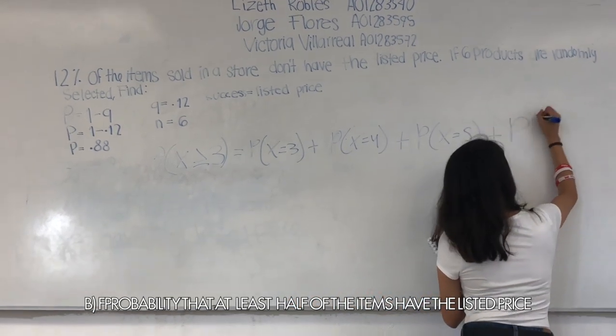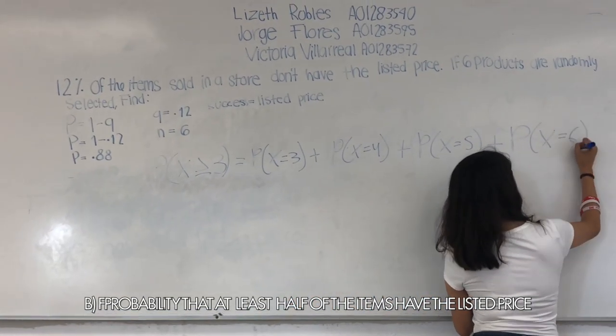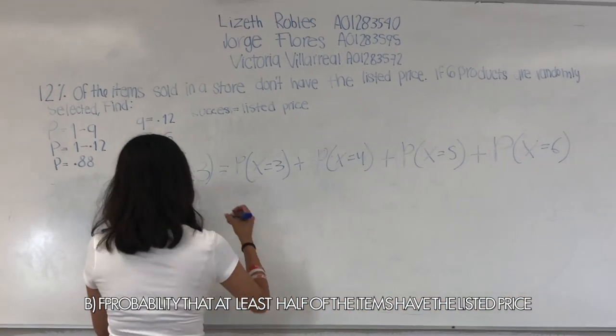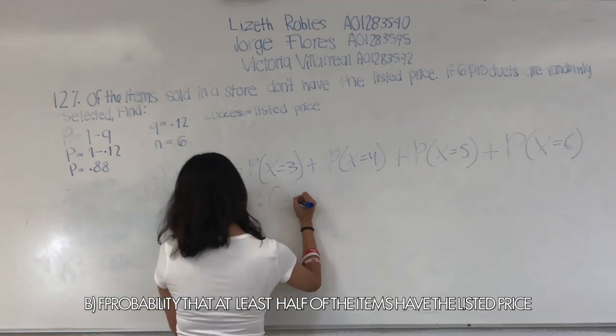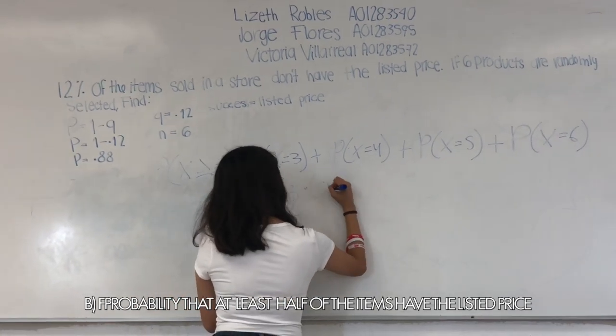This means that n is equal to 6, q is still 0.12, and p is 0.88. So we need to substitute the variables in the formula using all the values of x.